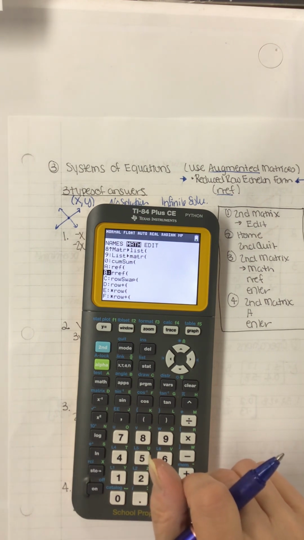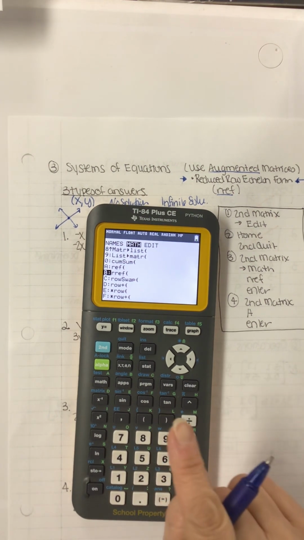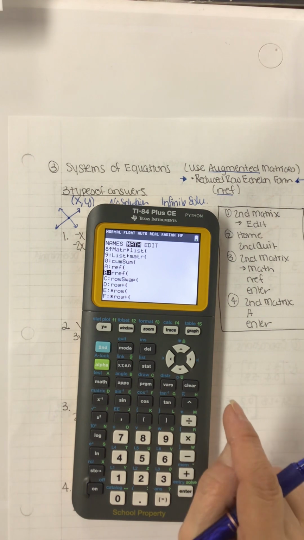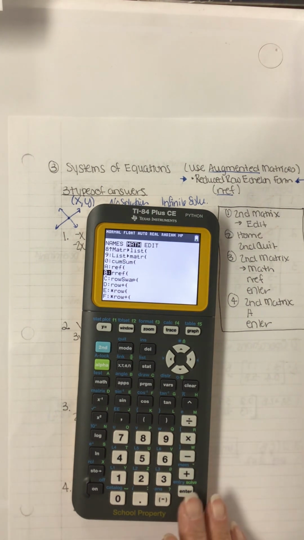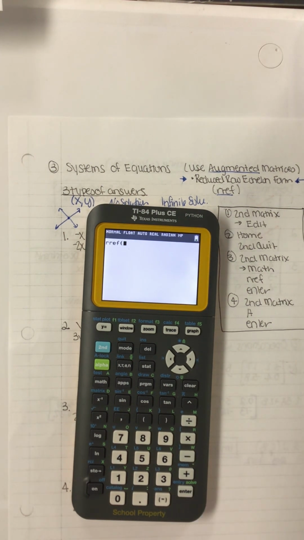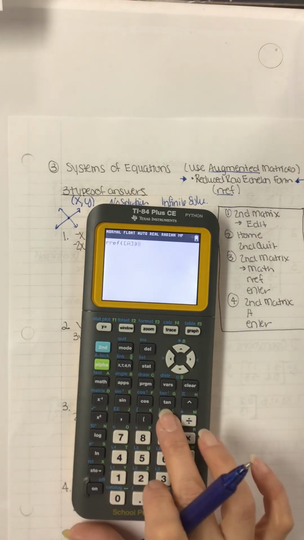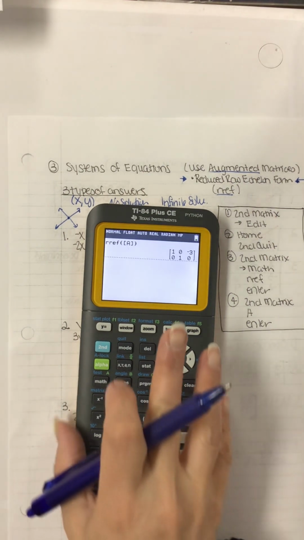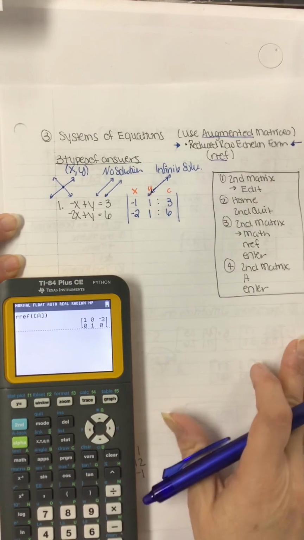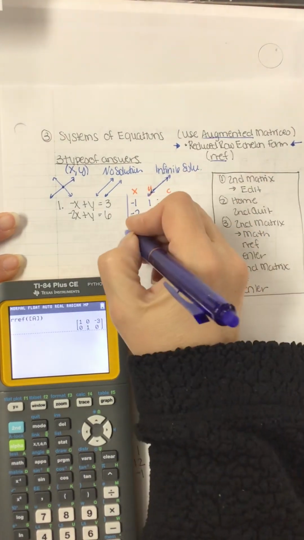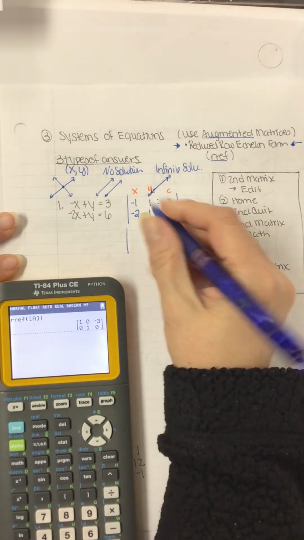You could obviously scroll down too, but if I scroll up, I'm looking for RREF. You can see it there, yes? I hit enter. What am I trying to find the reduced row echelon form of? Matrix A, wherever I stored it, right? And I hit enter, and it gives me a new matrix in reduced row echelon form.